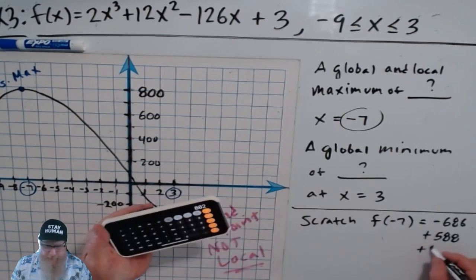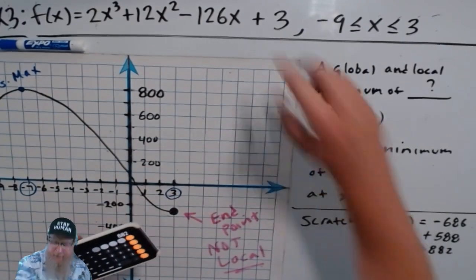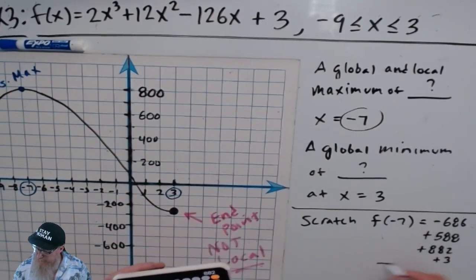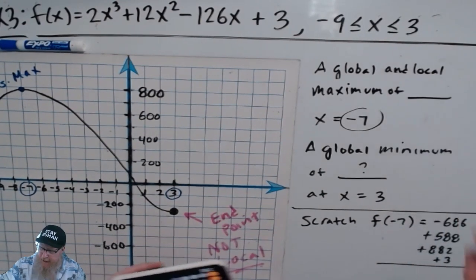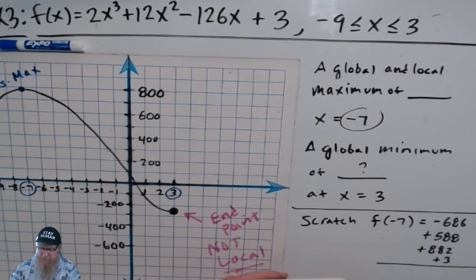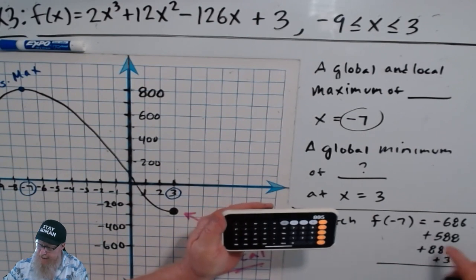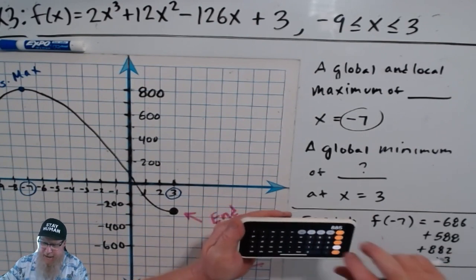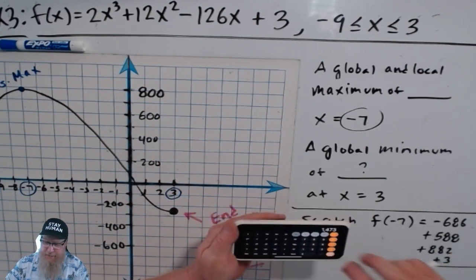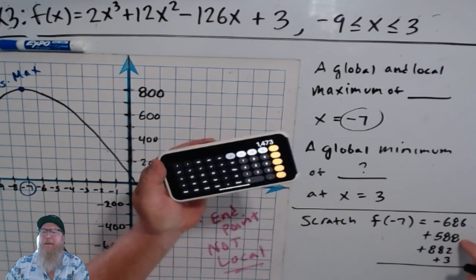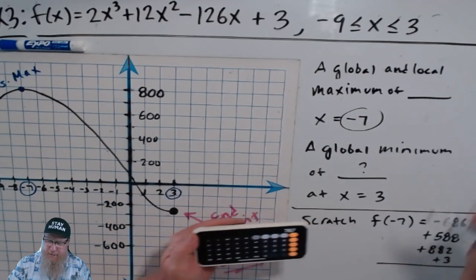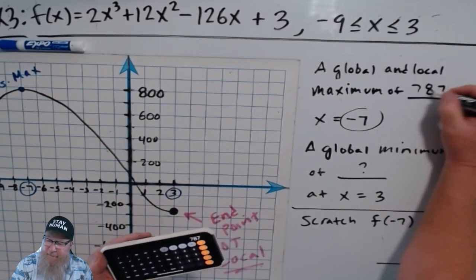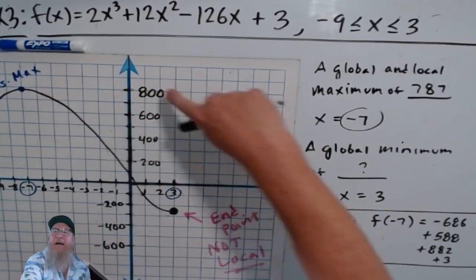That's positive 882, and then plus 3. So that's going to be our maximum value. So let's see, 882 plus 3 is 885, plus 588 is 1473, and then minus 686. 787. That is our global max.